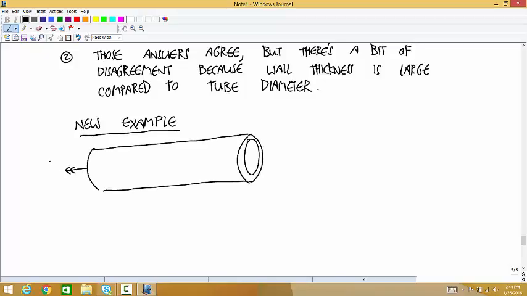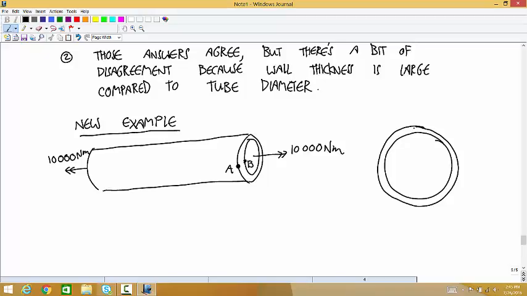This time, for some reason, I put a 10,000 Newton torque on it instead of 15,000. And think about these points A and B again. This time the cross section has an outer radius of 0.4, like it was before, but an inner radius of 0.39.